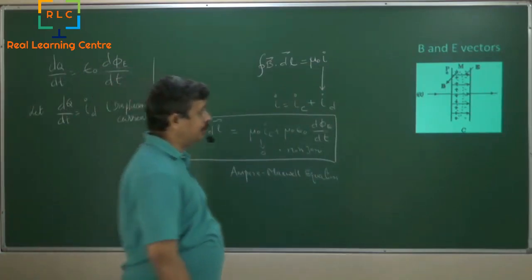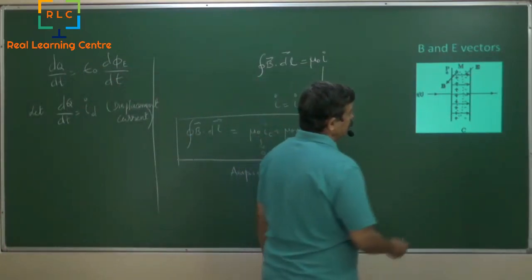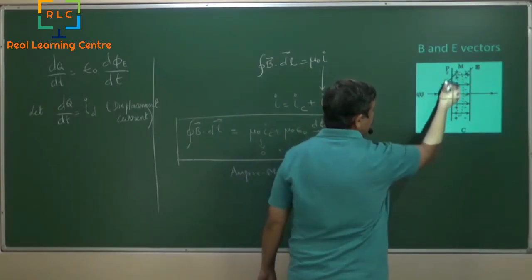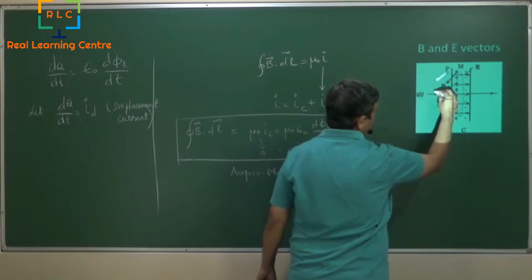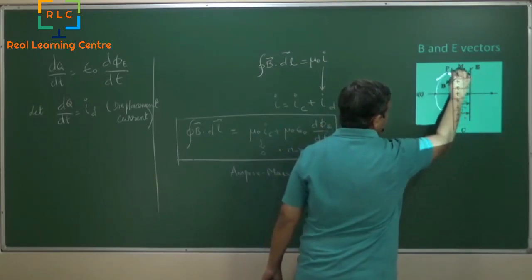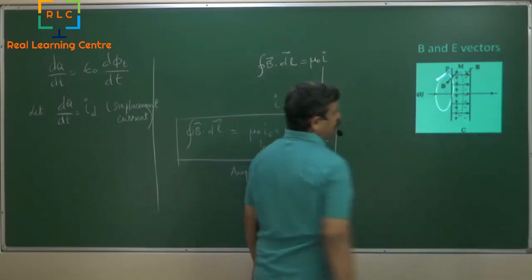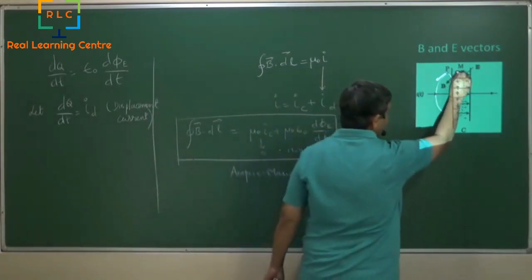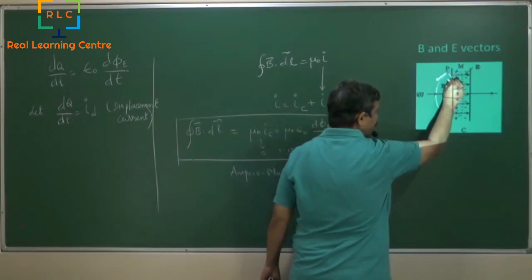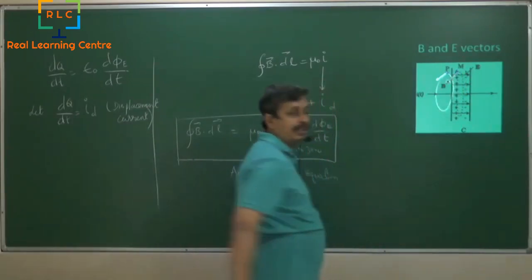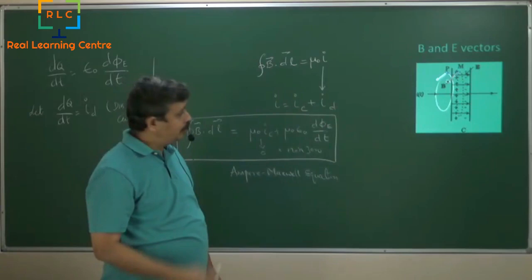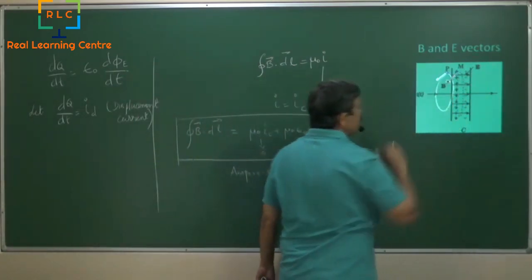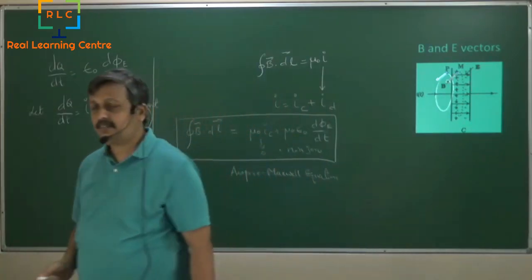You see that B here, if I draw a circle here, is a tangent to that circle. So B at this point inside is also the same thing, like this. So you can see that E and B are perpendicular inside.